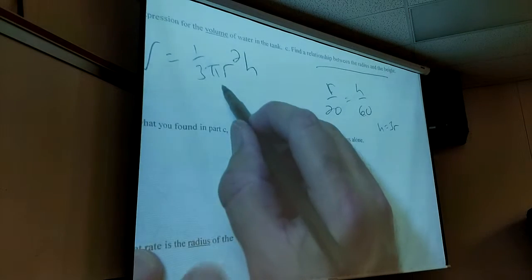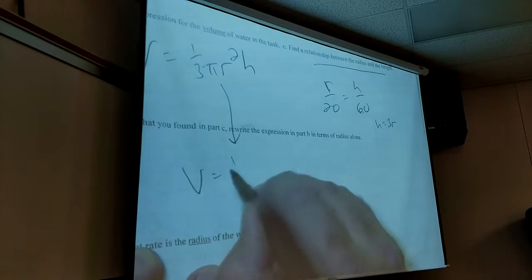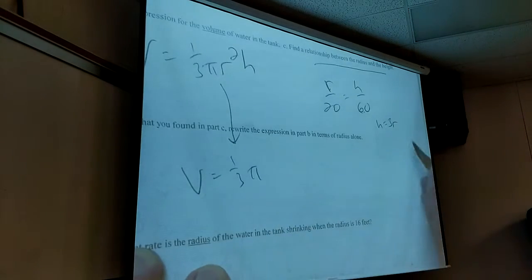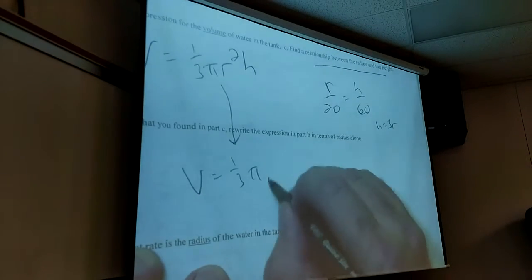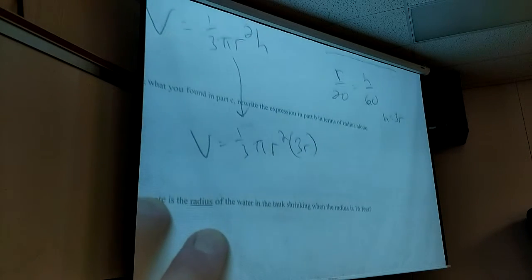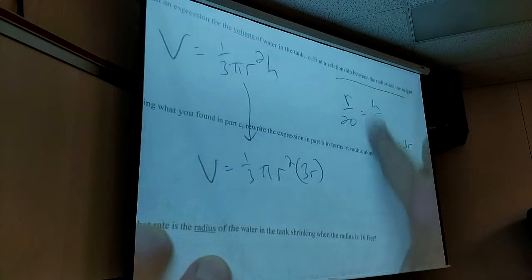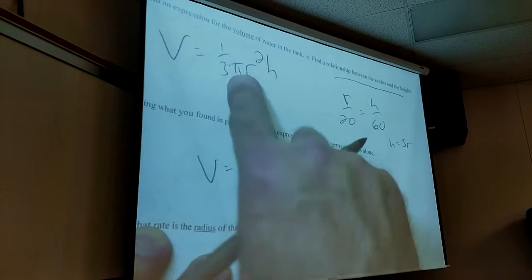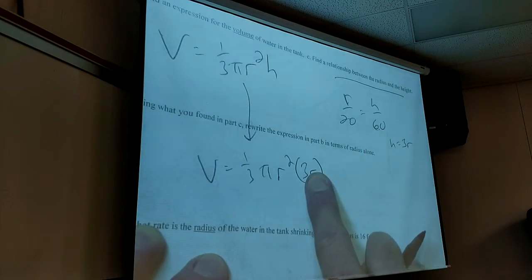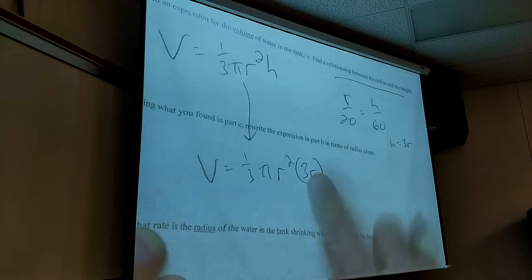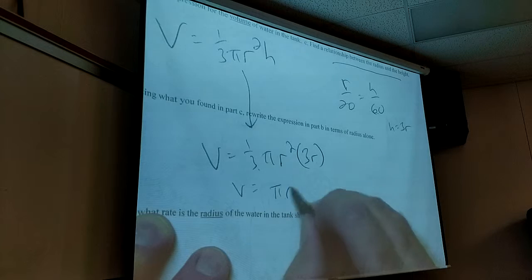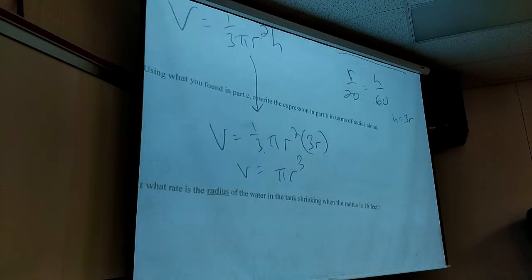So this would become 1/3 pi r squared times h. This idea of tell me something, ask me something, use what they tell me in what they ask me. And now, just to simplify this a bit, the 3's cancel, so I just get pi r cubed. That's crazy.